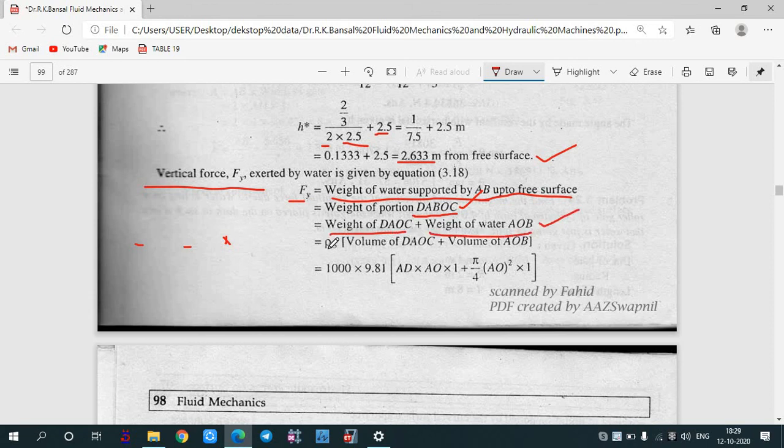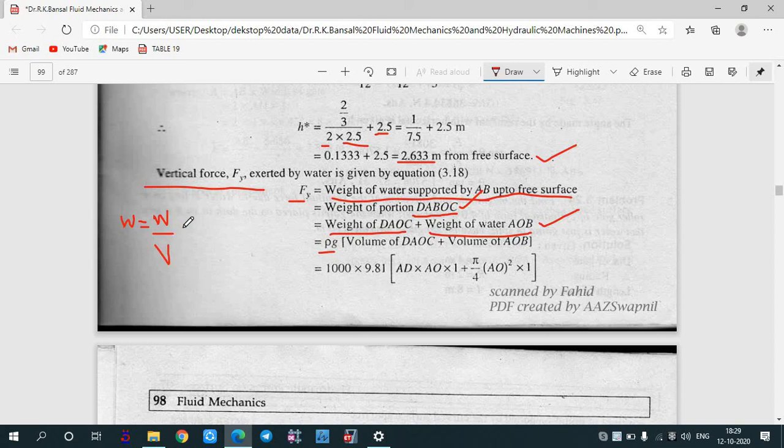Now weight has been replaced by what? Weight has been replaced by nothing but your rho g. Now how is this weight coming out to be rho g? For that you will have to see the first numerical, the weight density formula. Weight density is what? Weight upon volume.